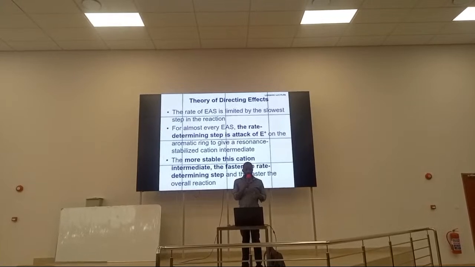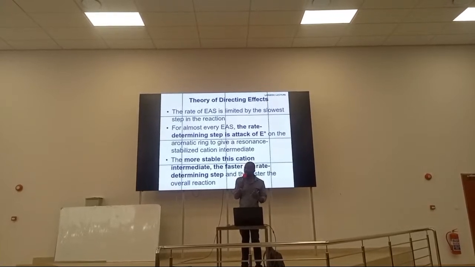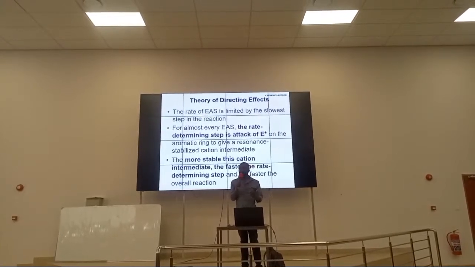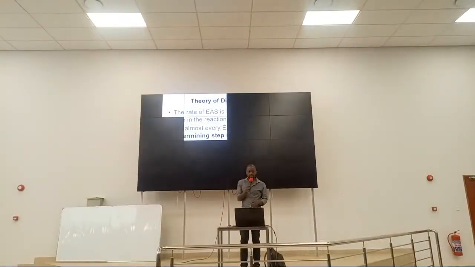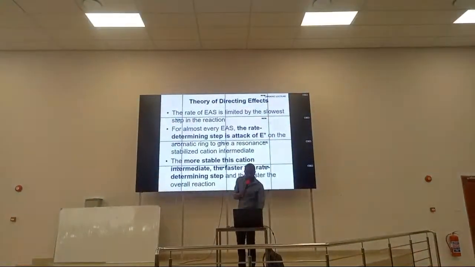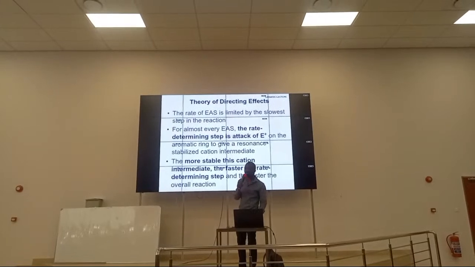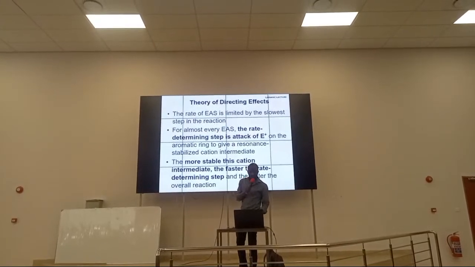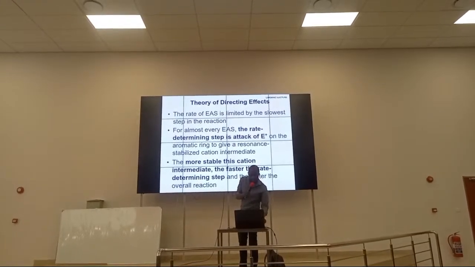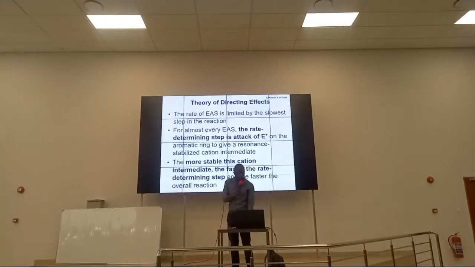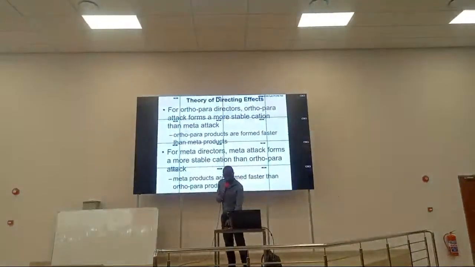So, the more stable the cation intermediate, the faster the rate determining step. Okay, it's very important for us to understand that. We saw this with SN1 reactions as well. The more stable the cation intermediate, the faster the rate determining step, and the faster the overall reaction.